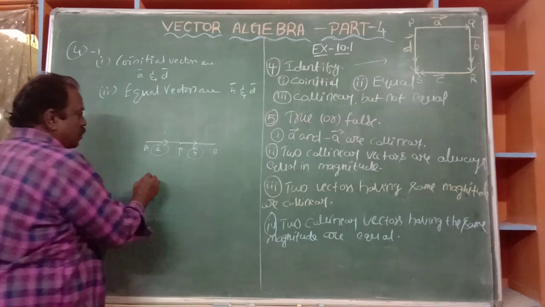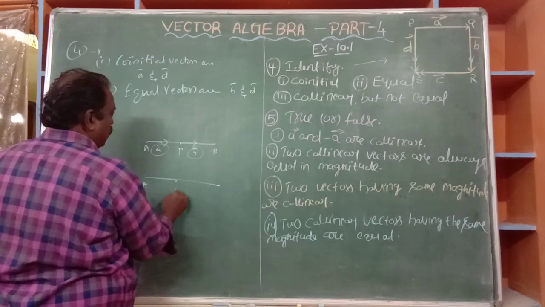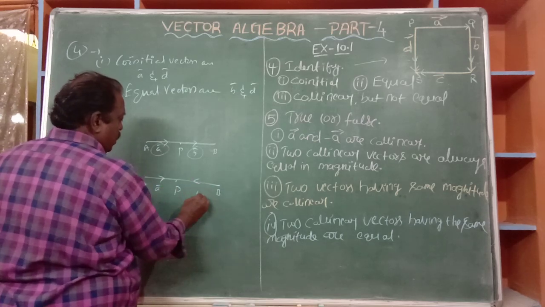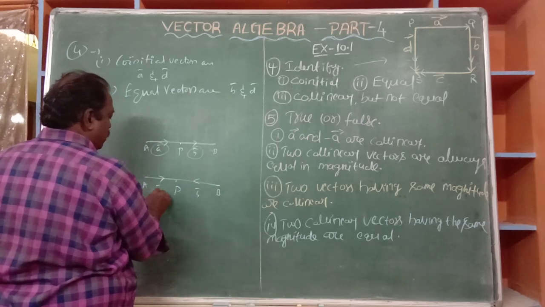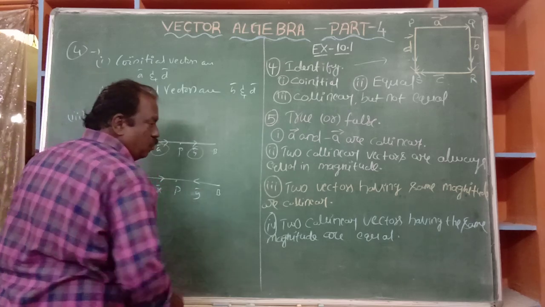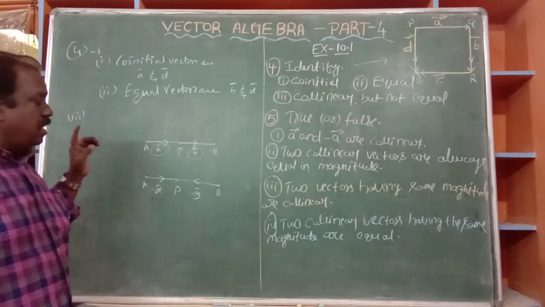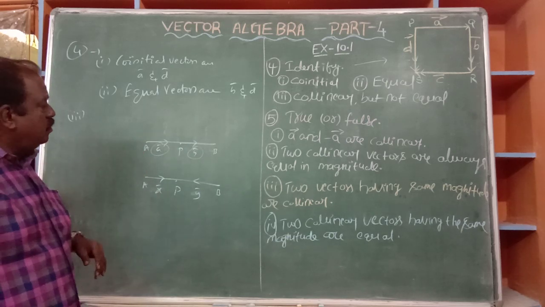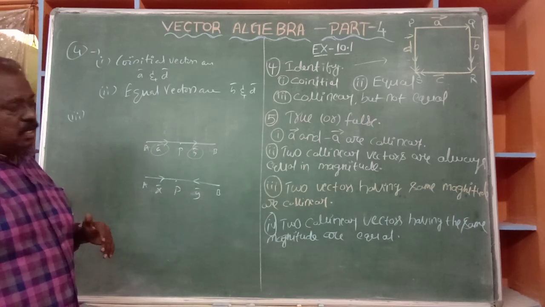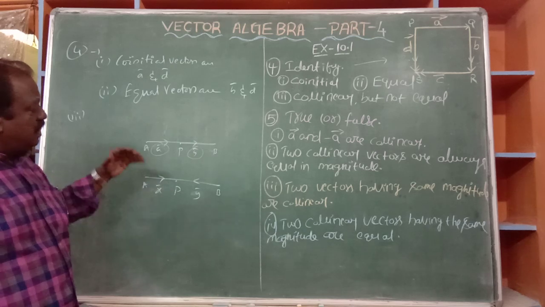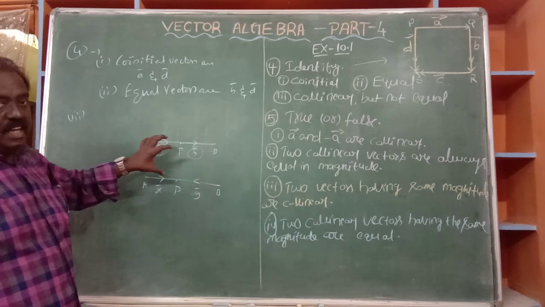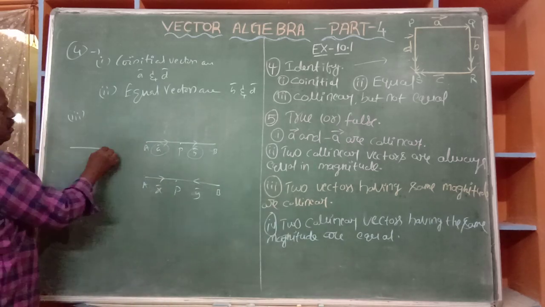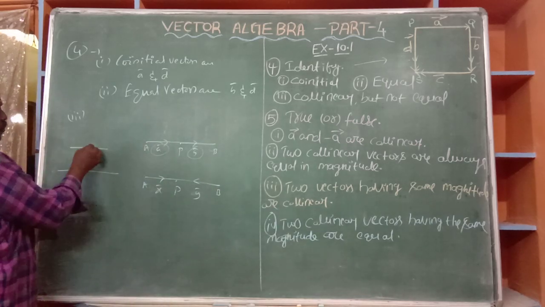Not only that, suppose AP bar, BP bar, or otherwise X bar and Y bar, here also they are collinear. Like that I explained in the old books and the old traditional way. Clearly I mentioned what collinear vectors are and what parallel vectors are.